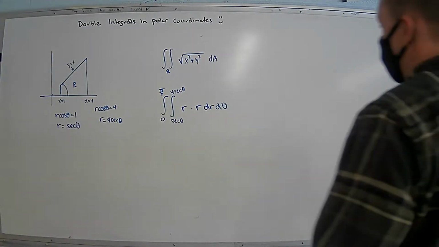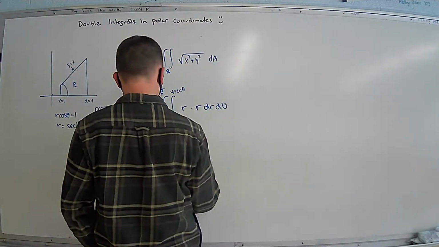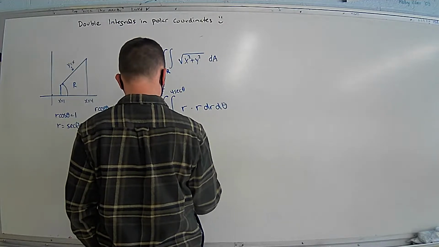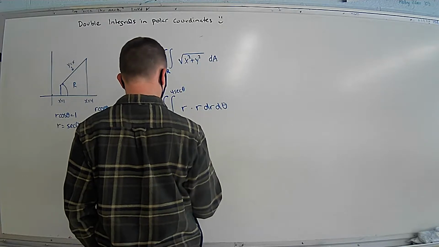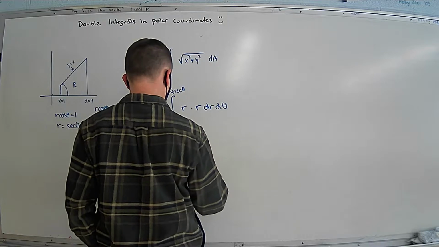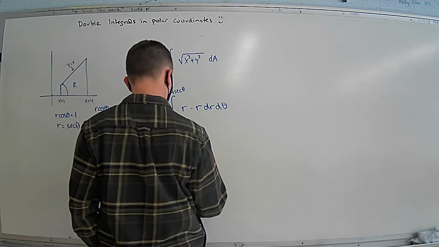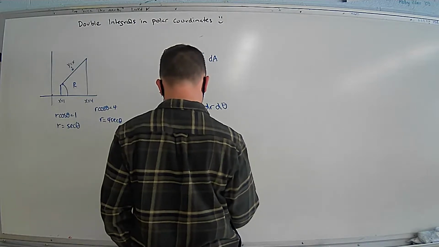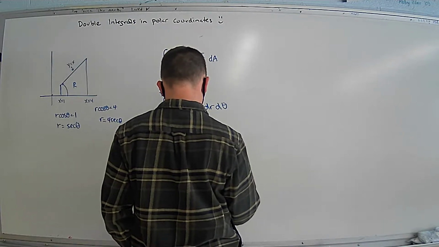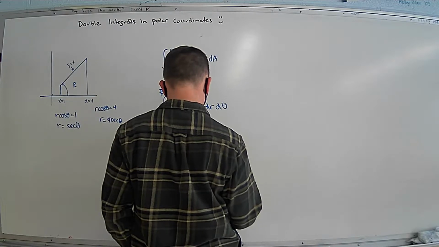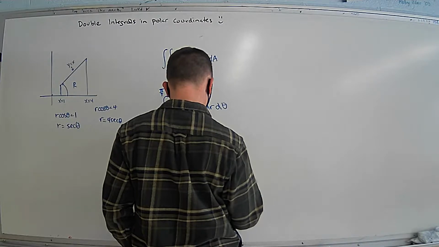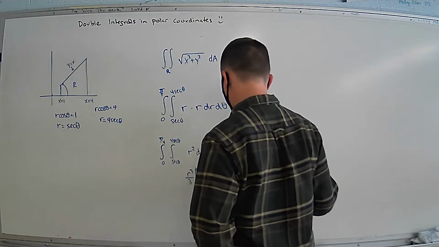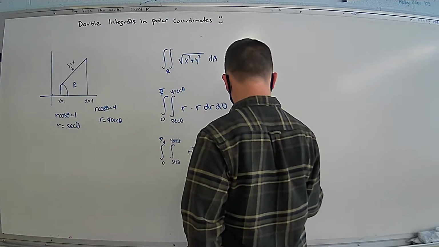Now could you finish it? So that's r cubed over 3. And then minus.